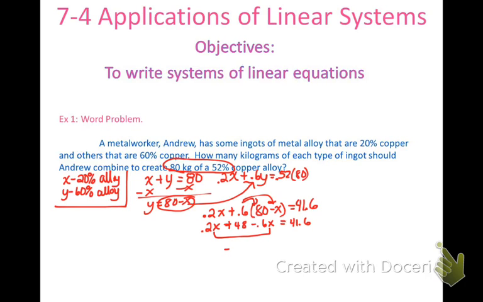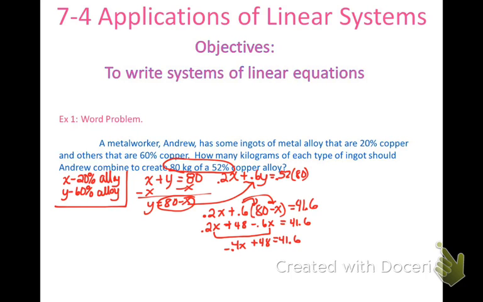I can combine my x's. That would be negative 0.4x plus 48 equals 41.6. Then subtract 48 from 41.6.